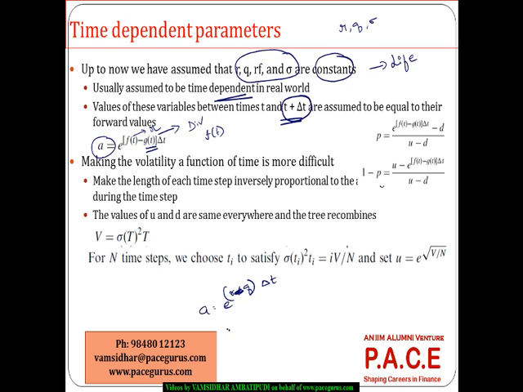Now this r I am making it as a function of t, which is a forward value, g I am making it as a function of t, which is a forward value, times delta t. So a becomes that, which means the probability of up movement comes based on the f of t's and g of t's, and probability of the down movement also comes as 1 minus the probability of up movement using the similar kind of a mechanism.